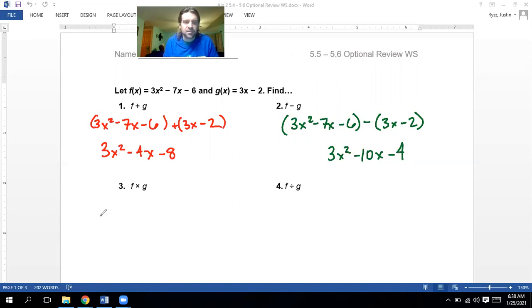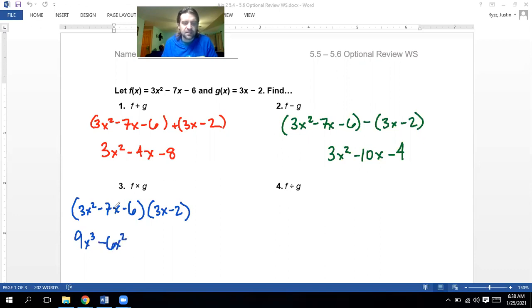All right, next, multiplication. We're going to take 3x squared minus 7x minus 6 and multiply it by the whole thing, 3x minus 2. So we're going to have to distribute the terms to 3x minus 2. So 3x squared times 3x, that'd be 9x cubed. 3x squared times negative 2 would be negative 6x squared.